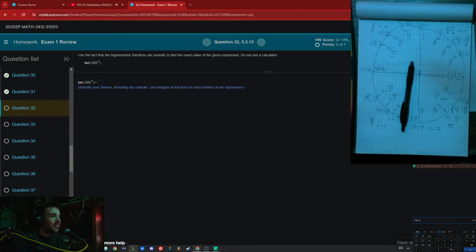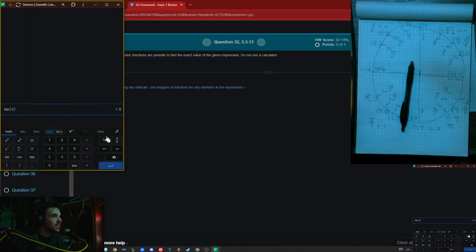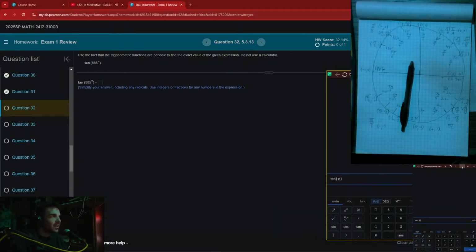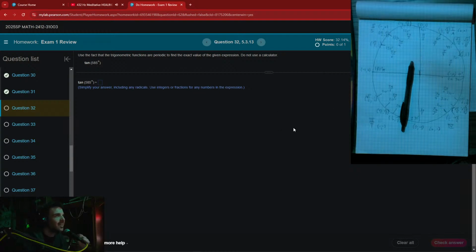Tan 585 degrees. No, do not use the calculator. Use the fact that the trigonometric functions are periodic to find the exact value of the given expression. When I see periodic, I'm just like, oh, we take off 180 degrees several times, right?